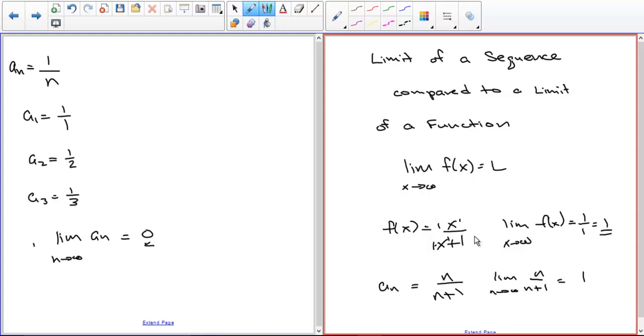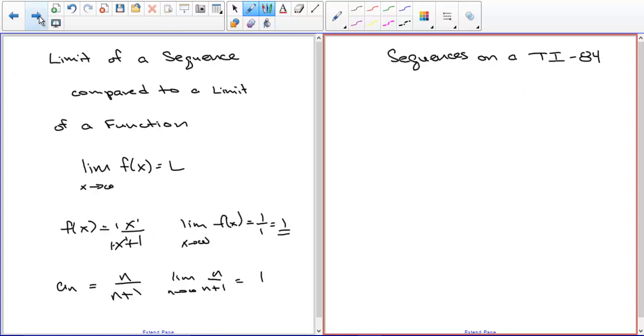Just to show you that your calculator does do sequences, and I'll show you the difference between what options they give you to kind of tell you the difference between the two. Yeah, okay.